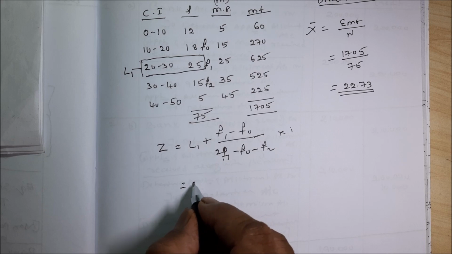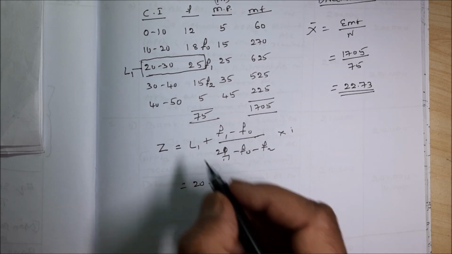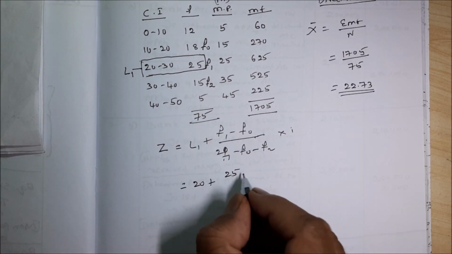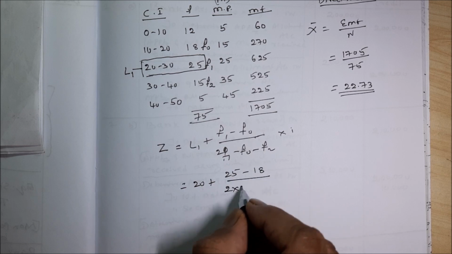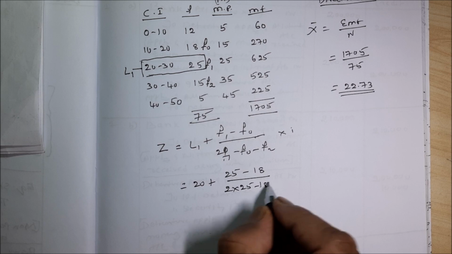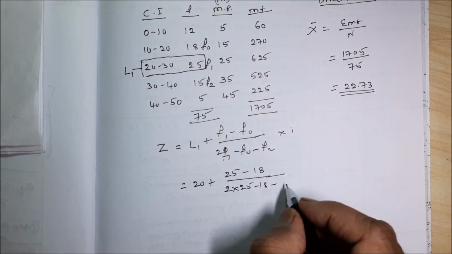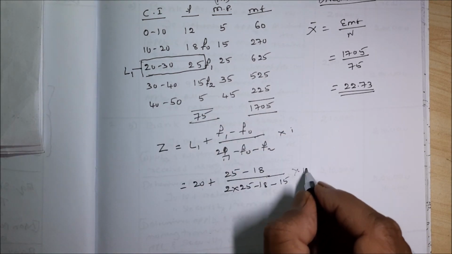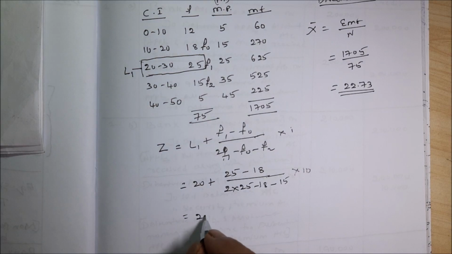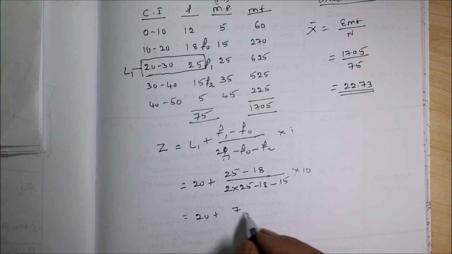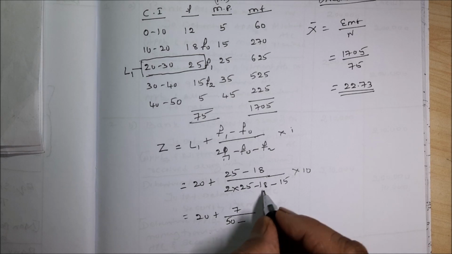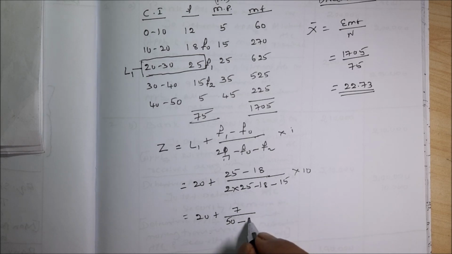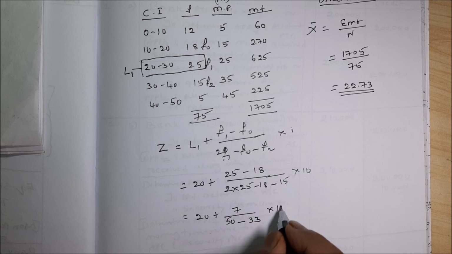So L1 is 20 plus F1 is 25 minus 18 divided by 2 into 25 minus 18 minus 15 into 10. So 20 plus 7 divided by 2 into 25 is 50, 18 plus 15 is 33, into 10.